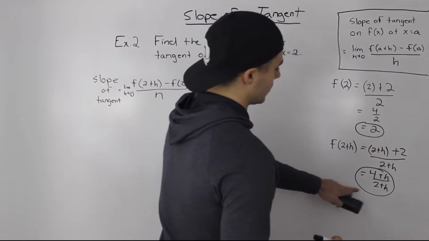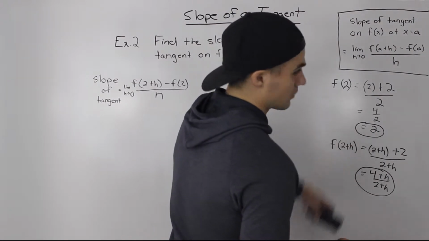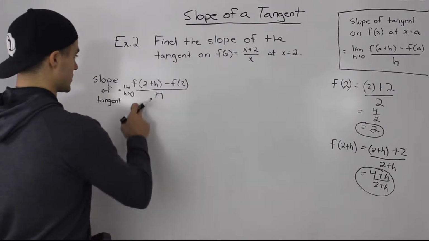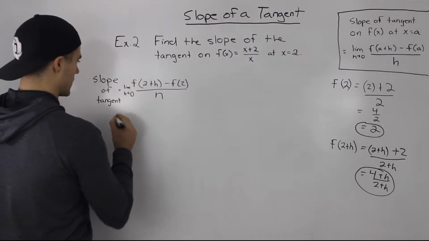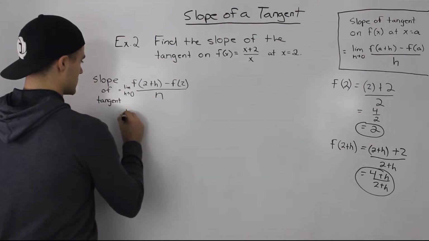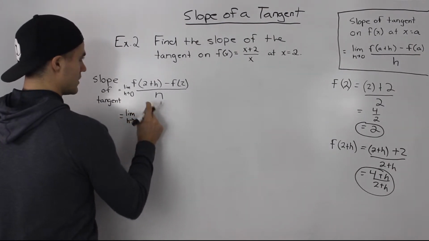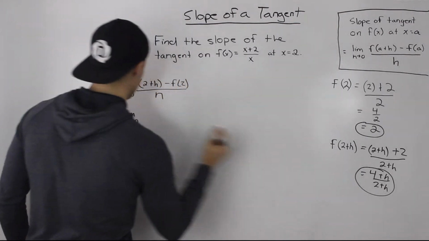So now we're going to take our results here and plug them into the difference quotient that we're working with. So let's keep it going. So we got the limit as h goes to 0. F of 2 plus h we found is right here.